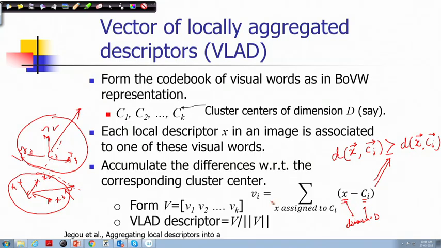There is a concatenation of all D dimensional feature vectors, so finally you will have a feature dimension of K into D. Note that the dimension of the feature representation increases in VLAD considering the number of bag of visual words.